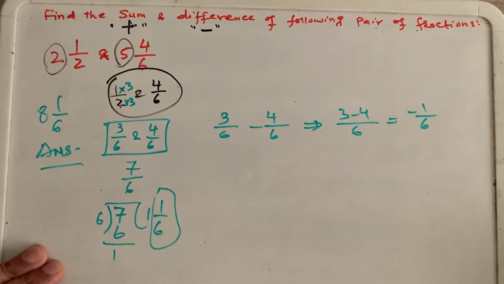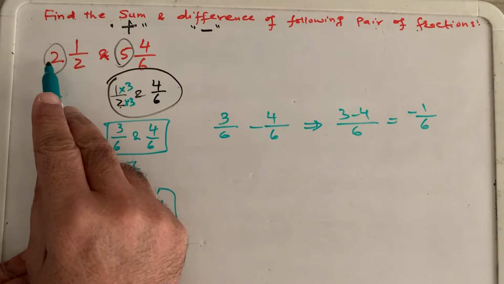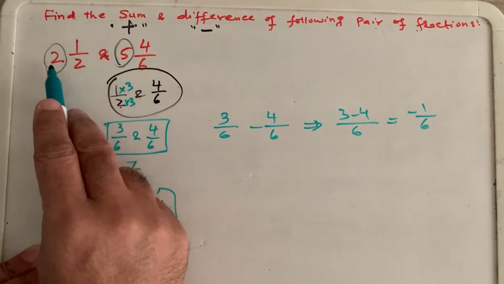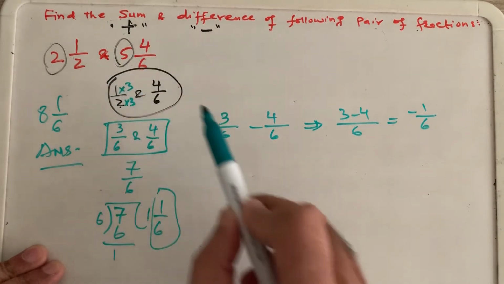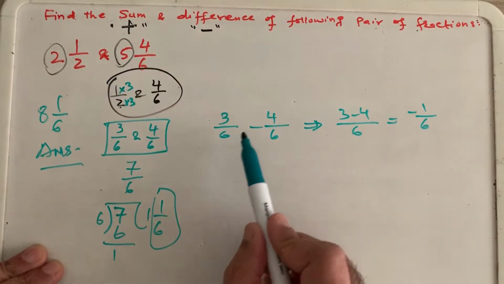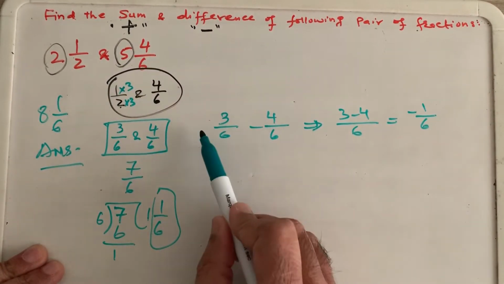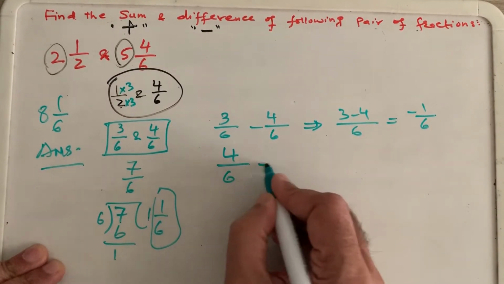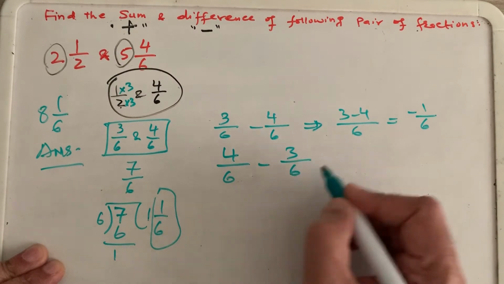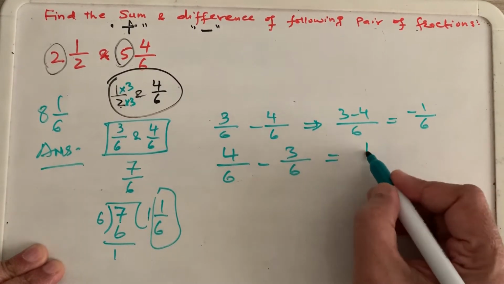But we cannot subtract 2 and 1/2 from 5 and 4/6. That means I have to put these two fractions the other way around, because I am subtracting 3/6 from 4/6, which gives me 1/6.